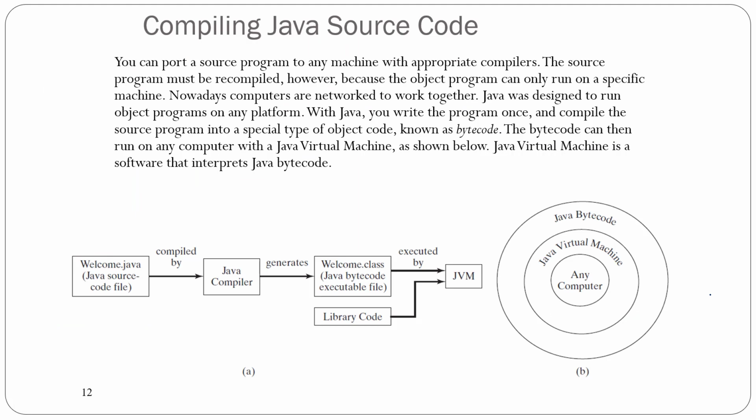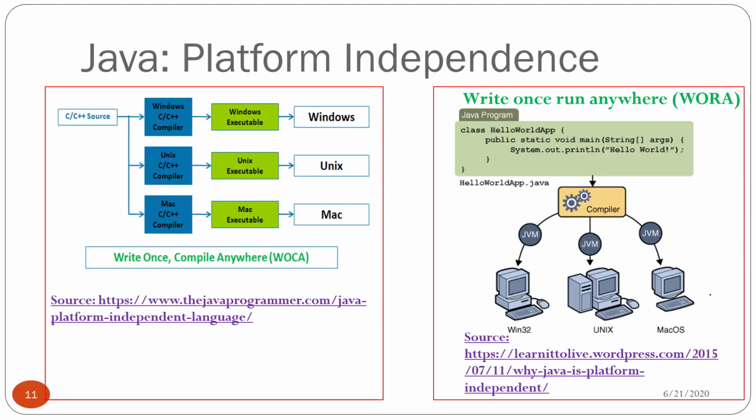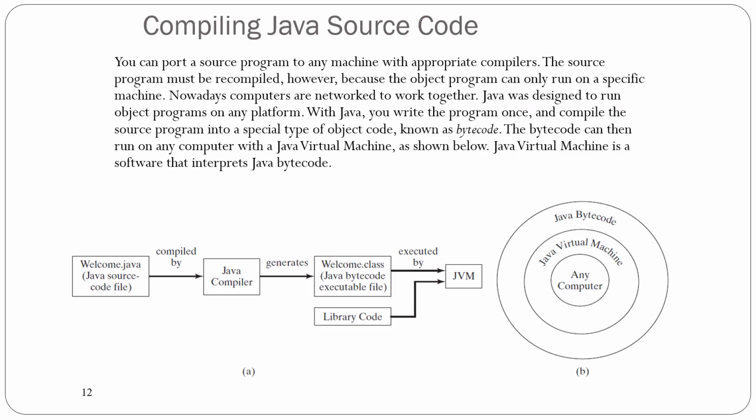Okay, here we have the same information that I had in the previous slide, but this picture is from your textbook, so you'll find it there also. I will not read these things, I'll go over the picture. You wrote a welcome.java program, which I will write today, and it was compiled by the Java compiler, which will generate a bytecode.